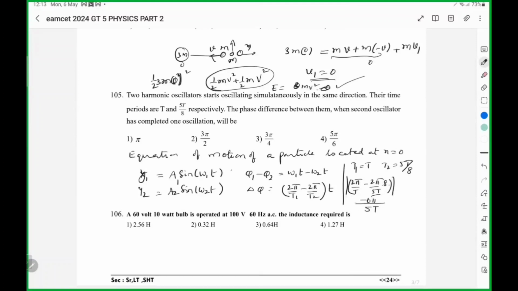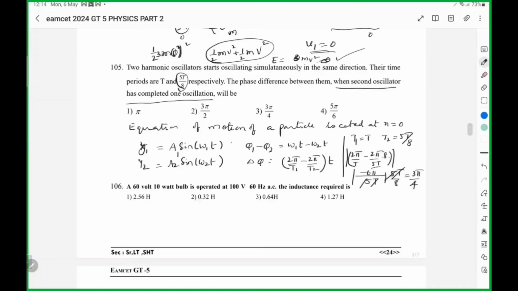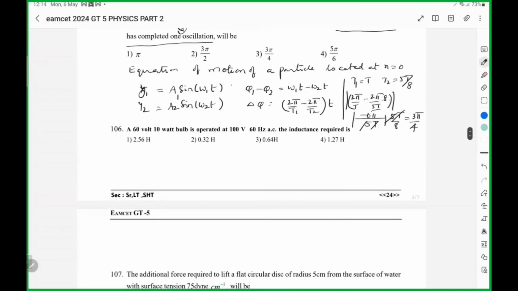Let us take the modulus. When the second oscillator has completed one oscillation, it is 5T by 8, so the second one completed after 5T by 8, and 3 pi by 4 is the answer.